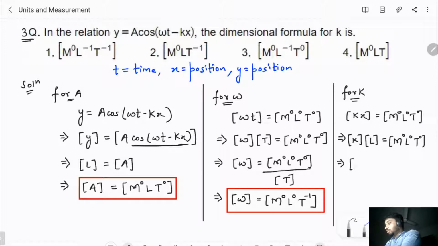So the dimension of k will be M to the power 0, L to the power 0, T to the power 0 divided by L. Upon simplification, that becomes M to the power 0, L to the power minus 1, T to the power 0.